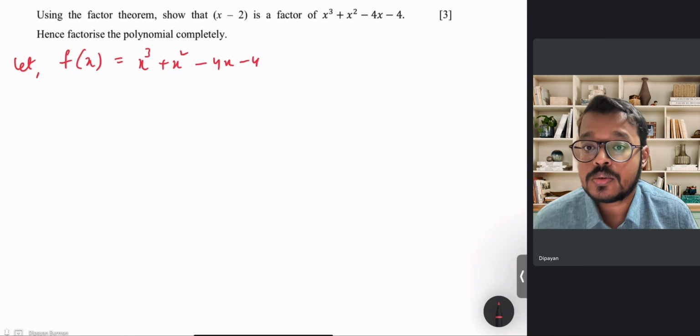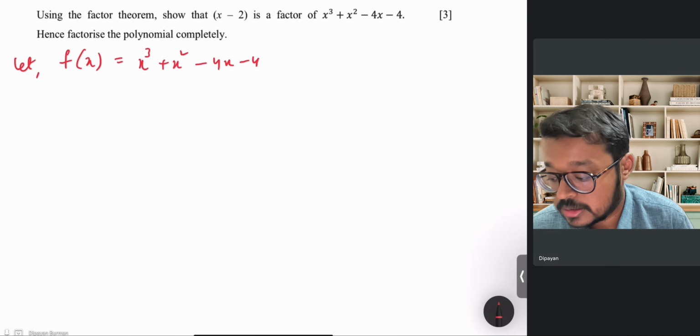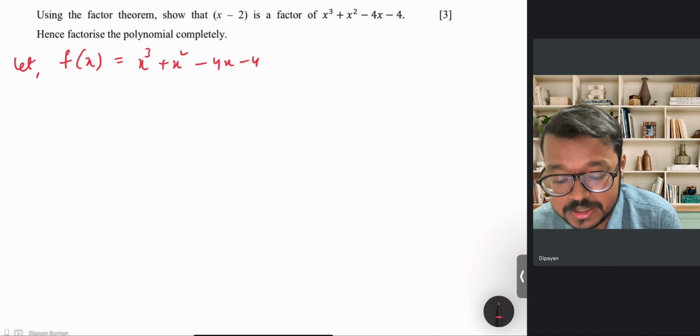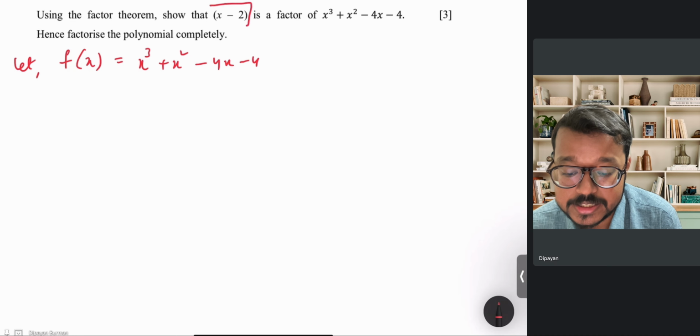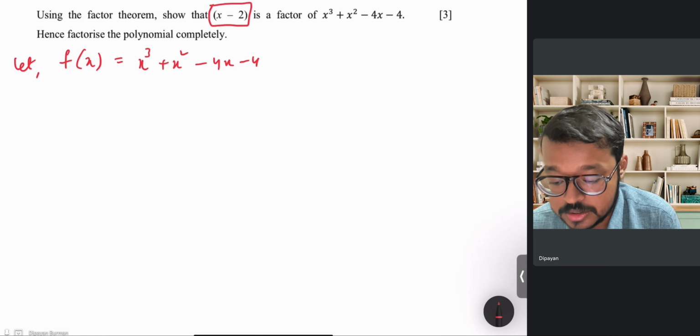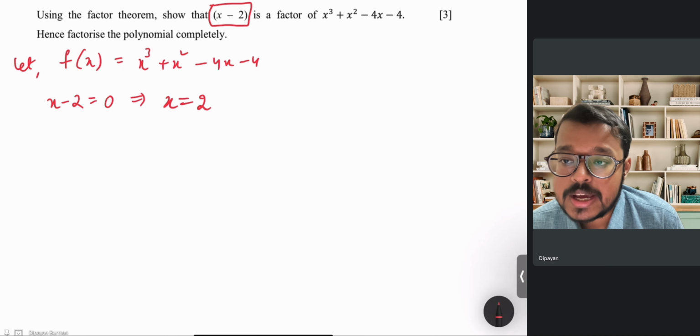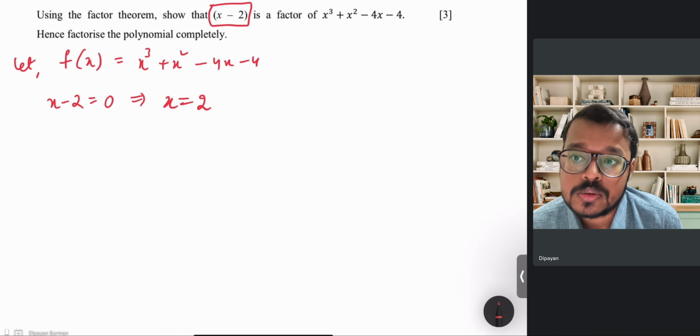So according to factor theorem or remainder theorem, let's find out for what value of x the divisor x minus 2 is equal to 0. So if x minus 2 is equal to 0, that implies x has to be equal to 2. So let's evaluate the dividend when x equal to 2.